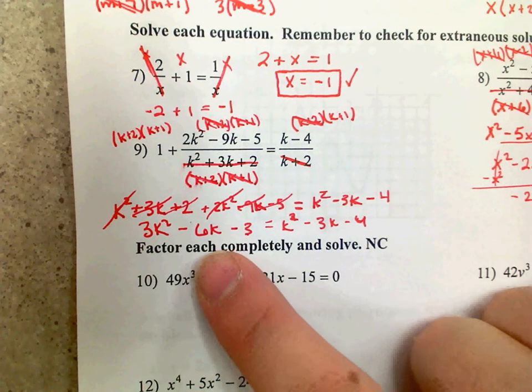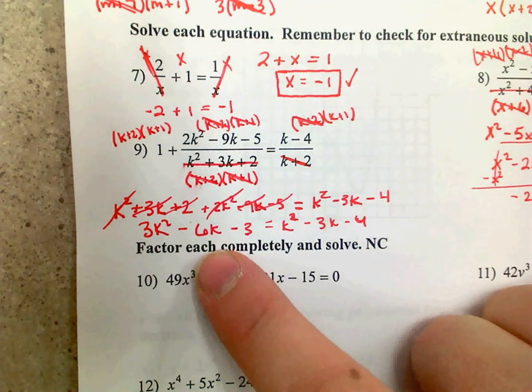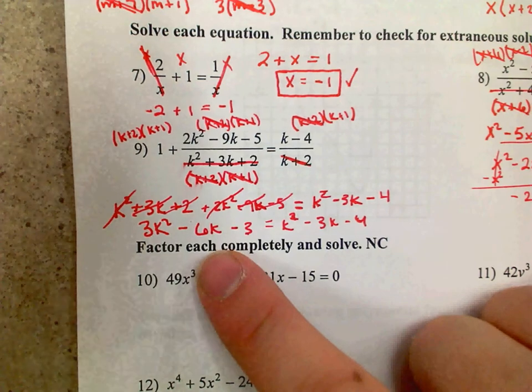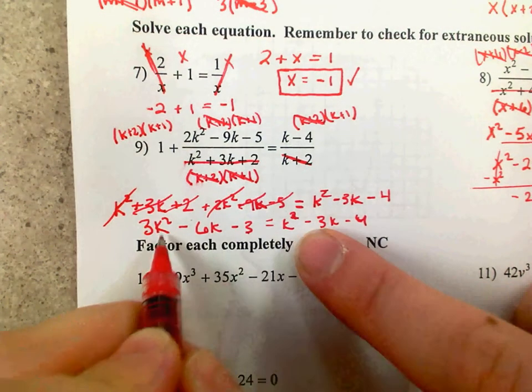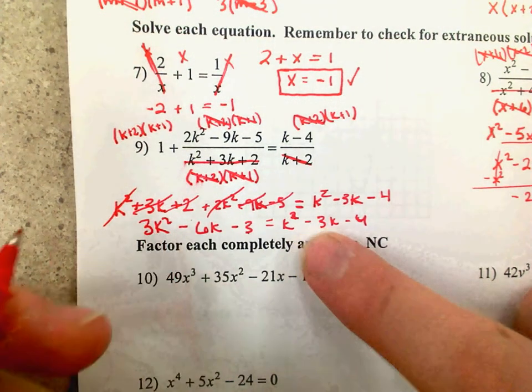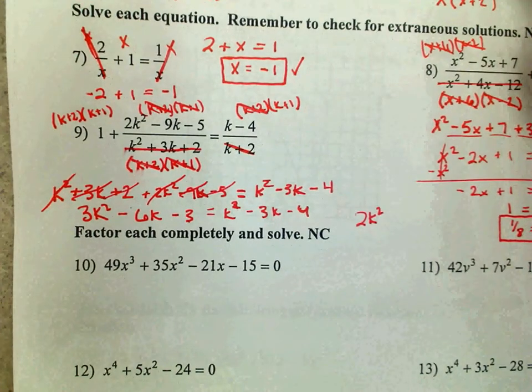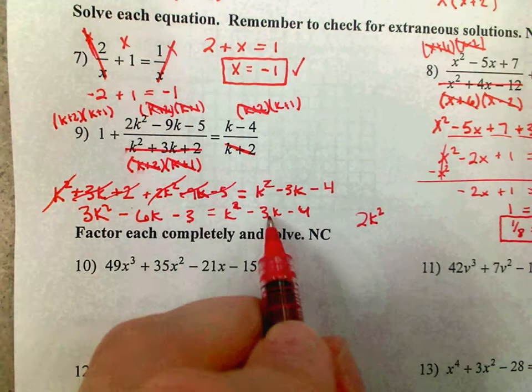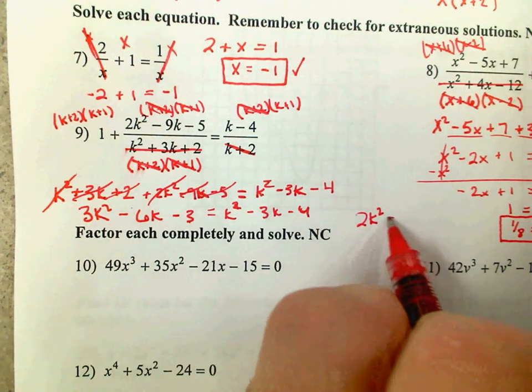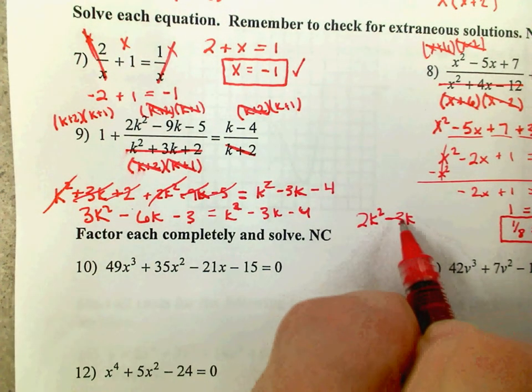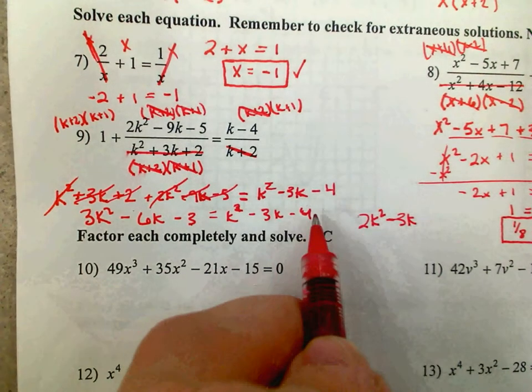So if I subtract k squared, that would make that 2k squared. And just put that over here. If I add the 3k, that will make that minus 3k. And if I add the 4, that will make that plus 1 equals 0.